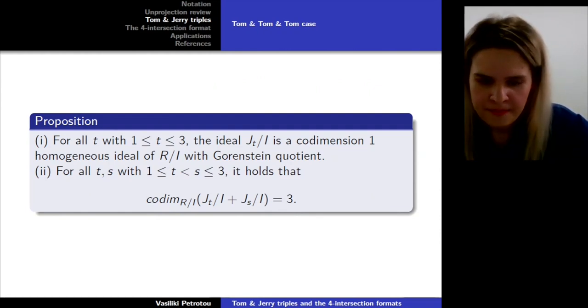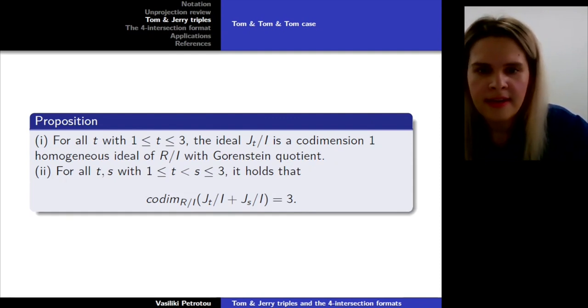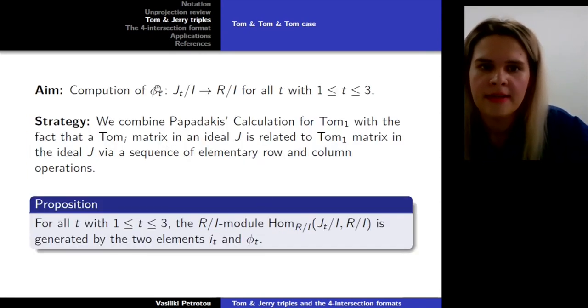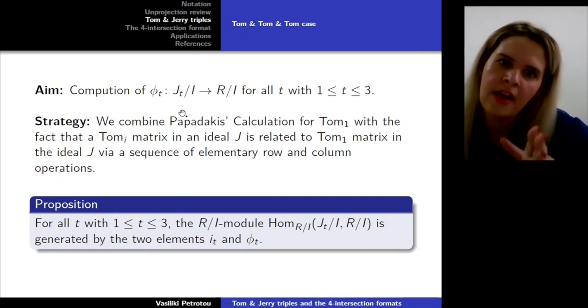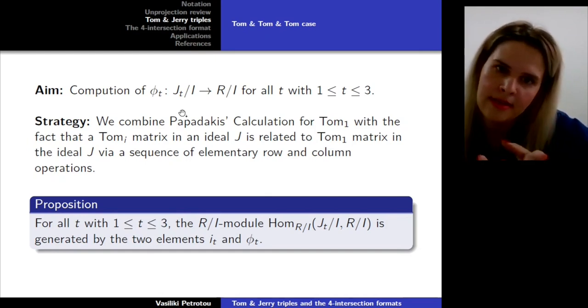As a second step, we should define three maps, three phi. We have one phi for every ideal. We have three ideals here, so we have three phi.